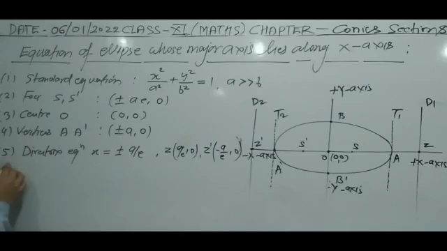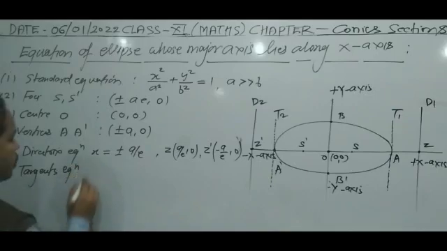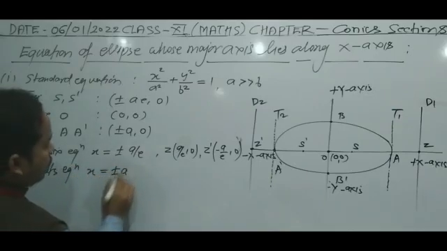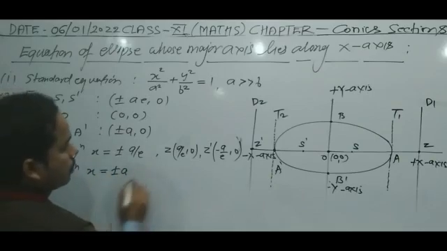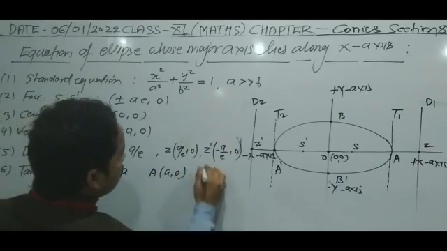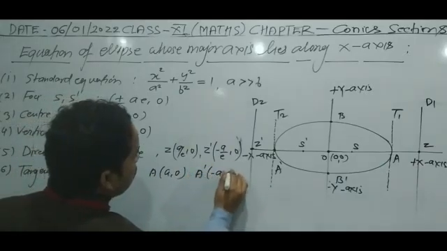Now sixth point is consider tangent equation, that is x is equal to plus minus a, and A coordinate is a comma 0, A dash coordinate is minus a comma 0.